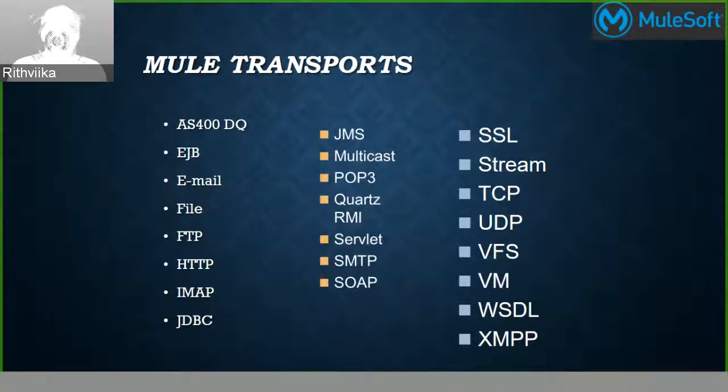In our classes we are going to use a few transports to understand what exactly a transport is, how we connect to the two systems and get the data between them. That is Mule transports.